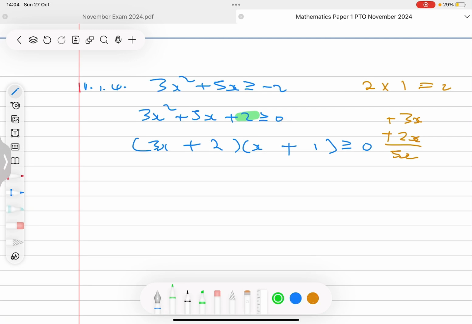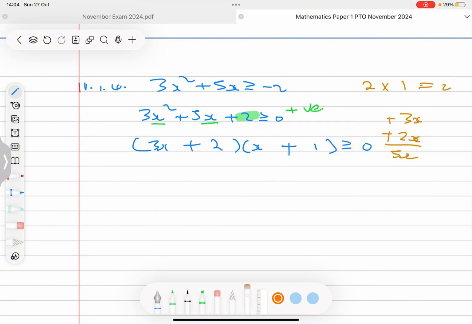That means it should be positive. It should be a positive number. So what does that mean? That means we're looking for the values of x that will make this whole thing positive, right? That's why here we're not going to solve this as if we're solving for x.